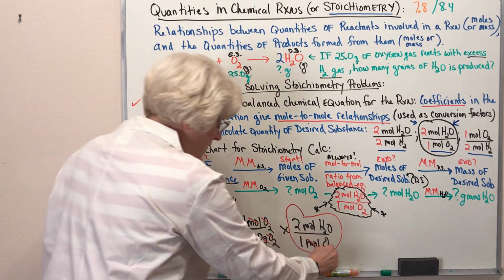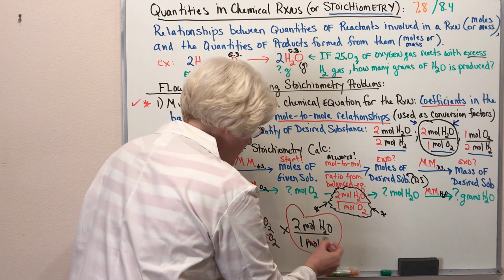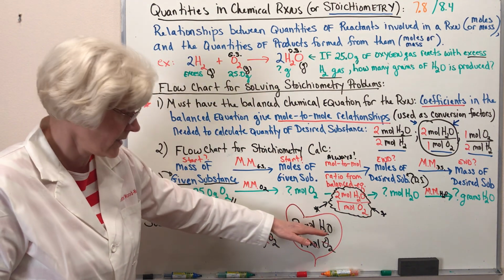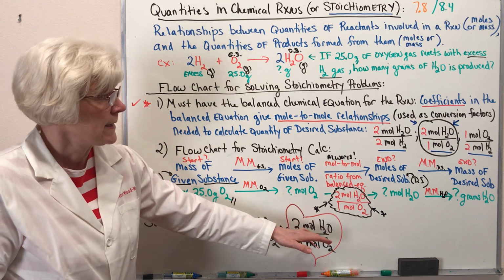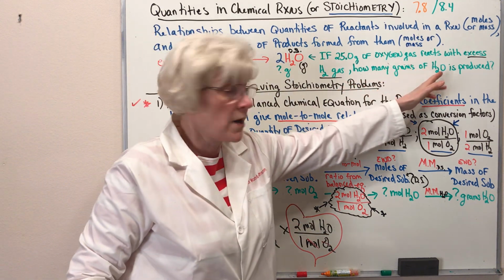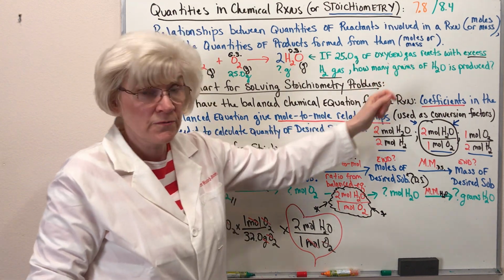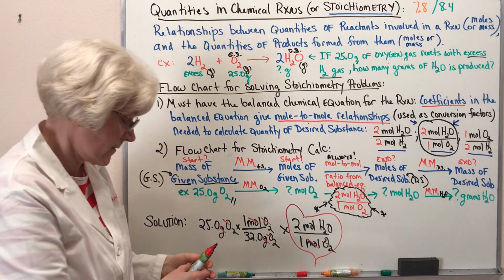So my moles of oxygen are canceling, and if I stop my answer right now, I just calculated moles of water. And if I had asked for moles of water, we'd be done. But I asked for grams of water, and I labeled it here.